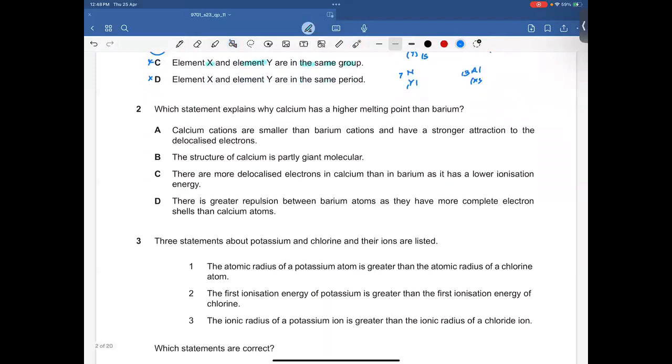Question number 2. Which statement explains why calcium has a higher melting point than barium?